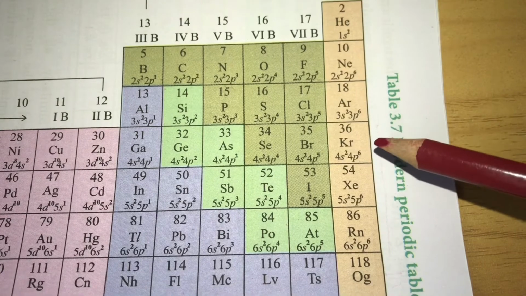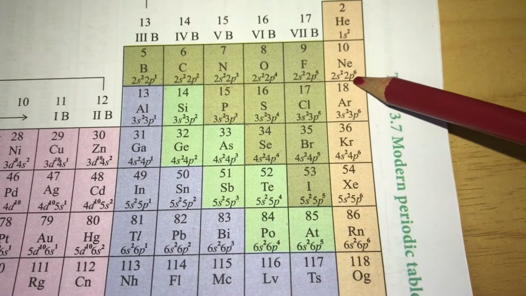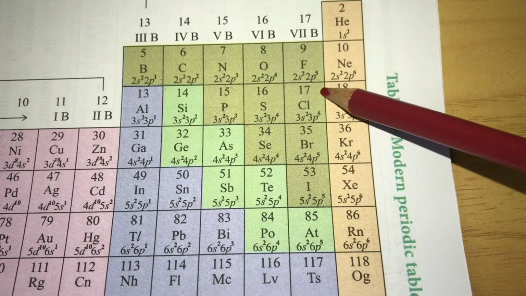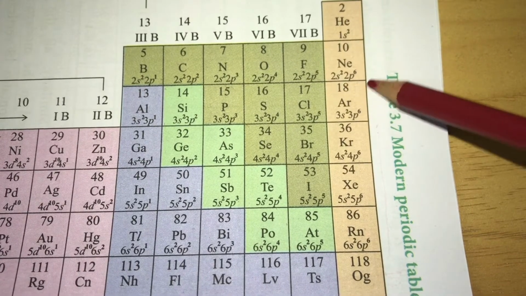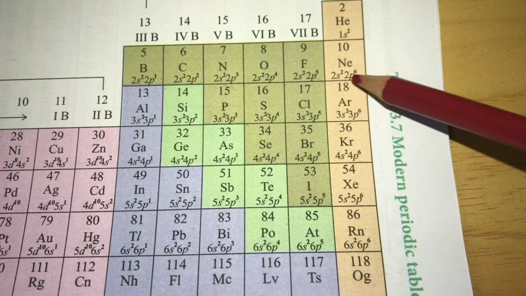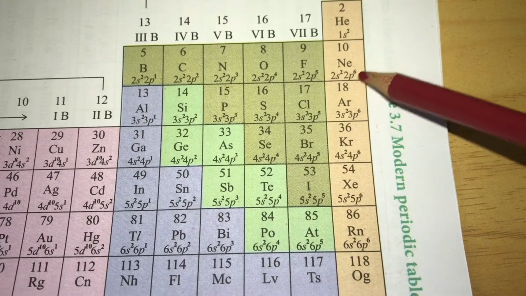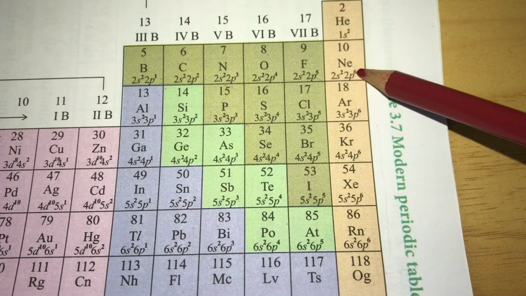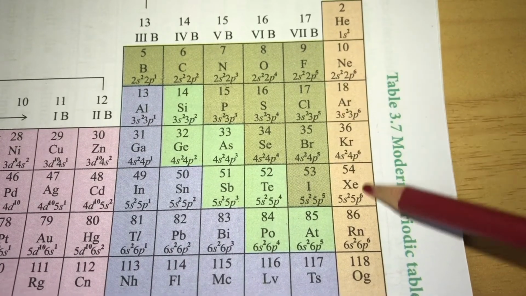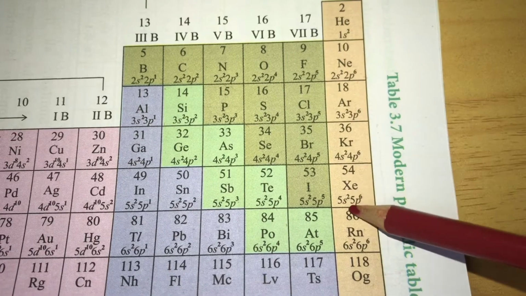Now the inert gases have a fully filled last level. Neon, atomic number 10, is 1s2 2s2 2p6: 6 plus 2 is 8, plus the first level 2 makes 10. In the next elements the outer level is again 6 plus 2, 8. They all contain 8 electrons in their valence shell.